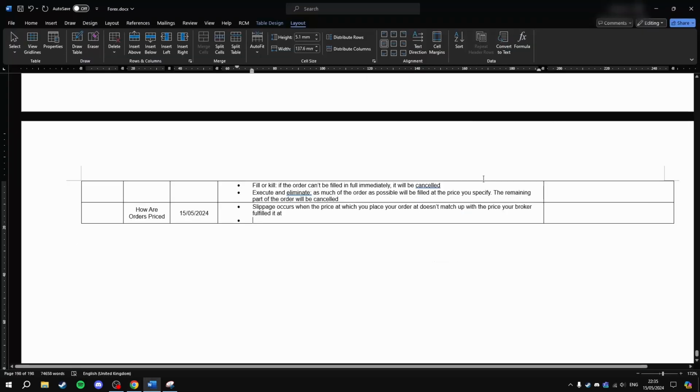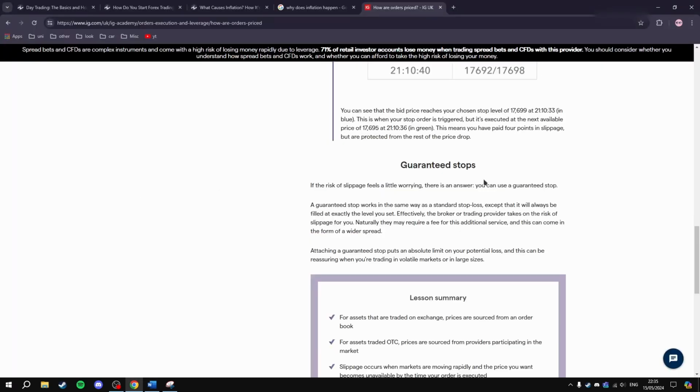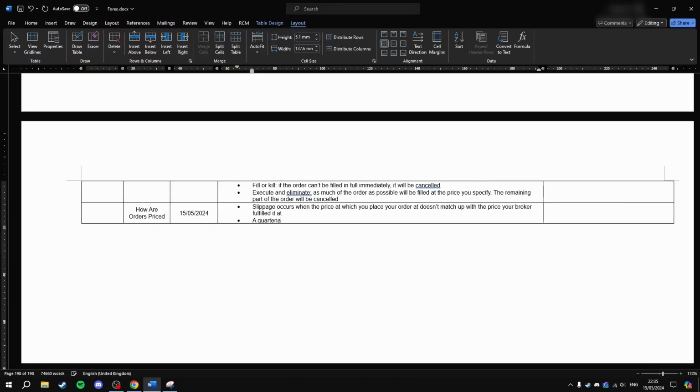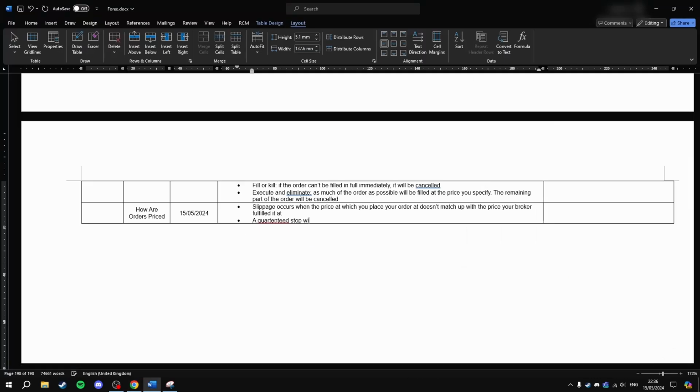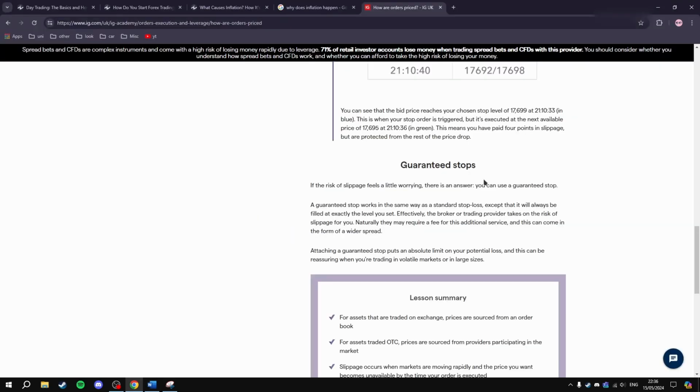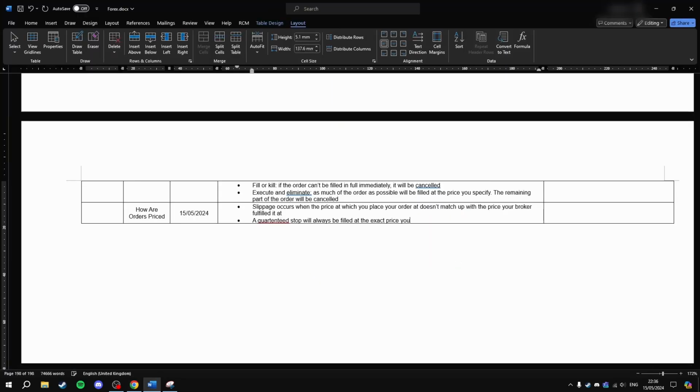So, a guaranteed stop will always be filled at the exact price level you set.